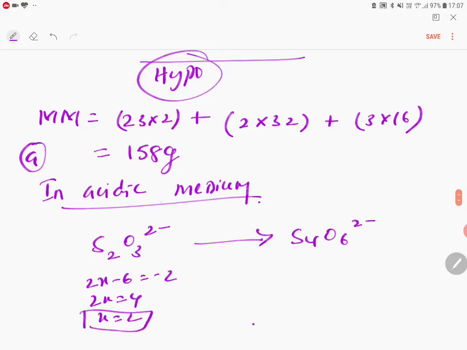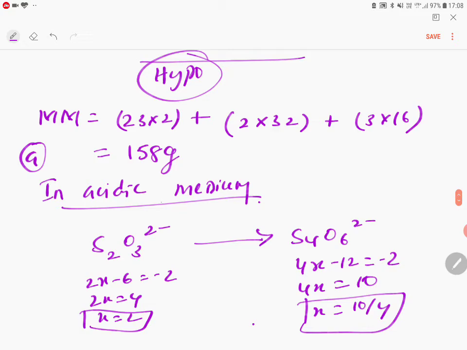Here X equal to 2. So here if you calculate like this, you are getting fractional oxidation state, is it not? You are getting fractional oxidation state.